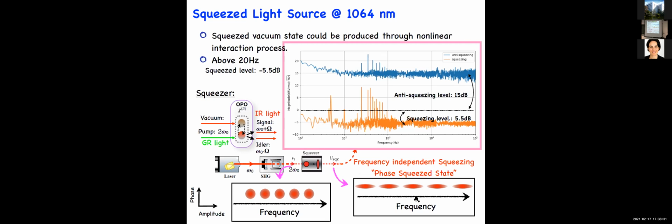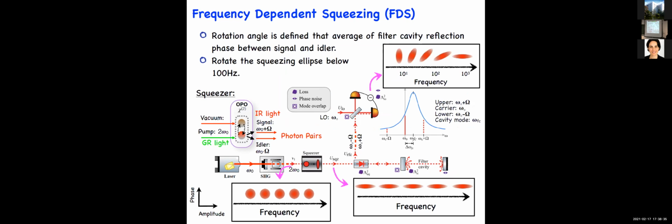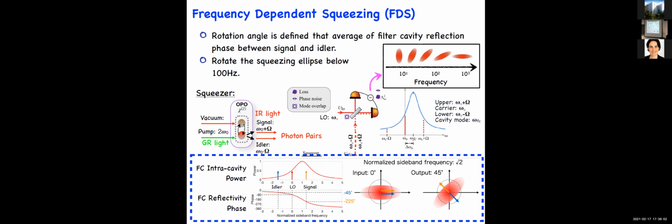So when the frequency independent squeezing is reflected by the filter cavity, the squeezing angle at each frequency is determined by the relative phase depending on the signal and the idler. I use this diagram to explain.